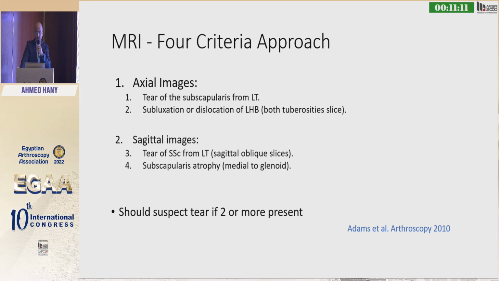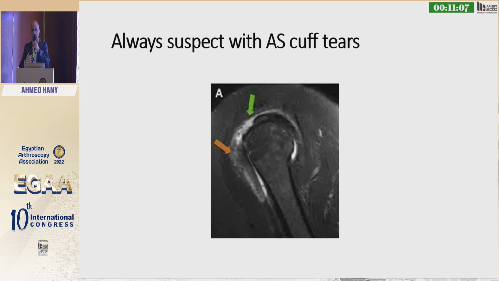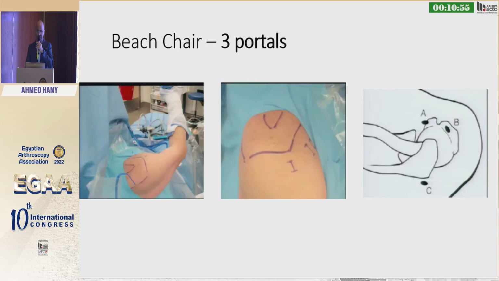It didn't help me that much, but it is out there. Whenever I find an anterosuperior cuff tear, a tear involving the anterior pillar of the cuff, I always suspect there is an upper subscap tear as well. So this should be an alarming sign.